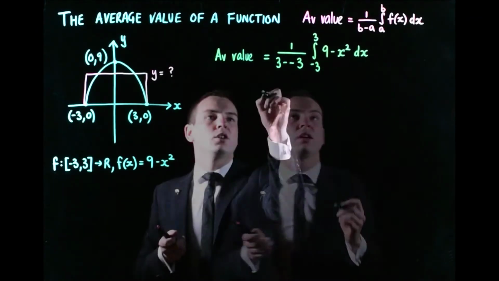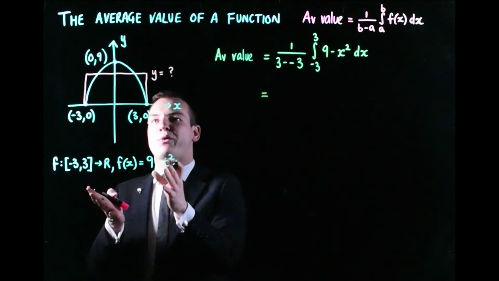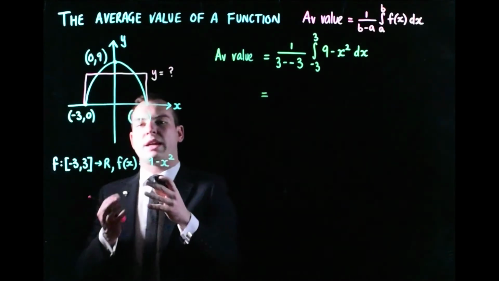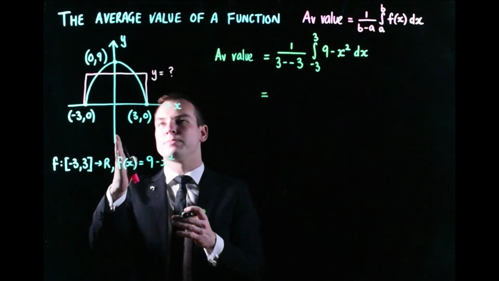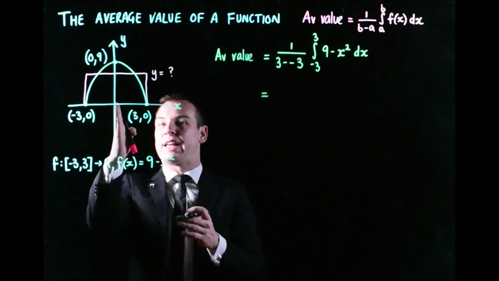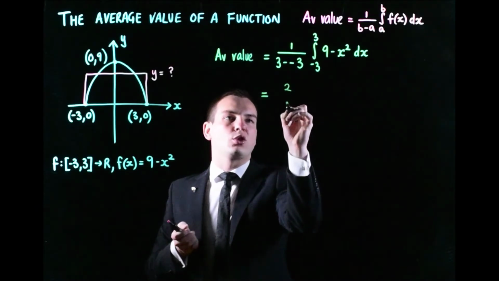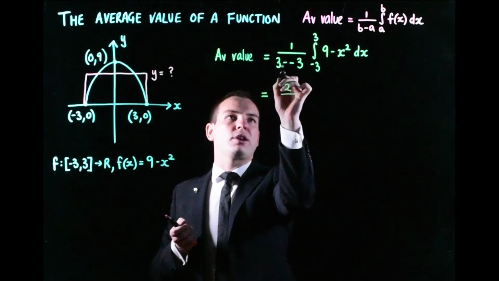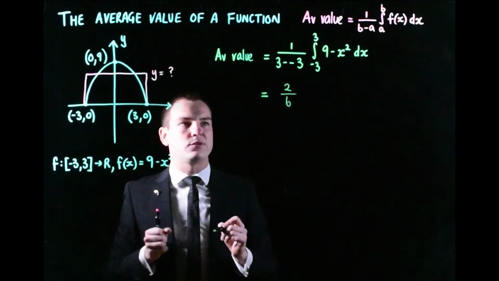dx. So this is going to equal, and if we just take a look at our graph for a moment, we can see that the area or the region of the curve that we're interested in is actually symmetric about the y-axis. So that means we could just calculate half that area and double it. So I'm going to use a 2 here, which is going to double the integral's value, divided by 3 subtract -3, which is 6, or the length of the interval.